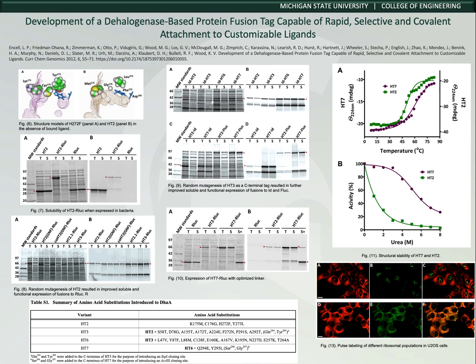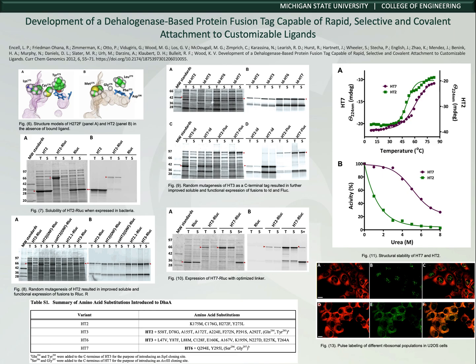And then they did other substitutions like D78G, to improve the thermal stability, and then 5 mutations to enhance expression, and then 1 for faster binding kinetics. And then they finally got HaloTag 3, which they examined by fusing it to the C termini of 3 proteins, and they found that it was beneficial to expression only in terms of C termini.